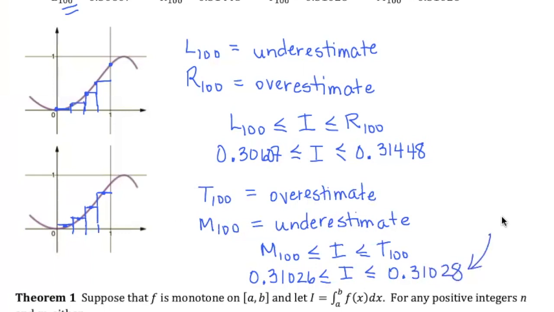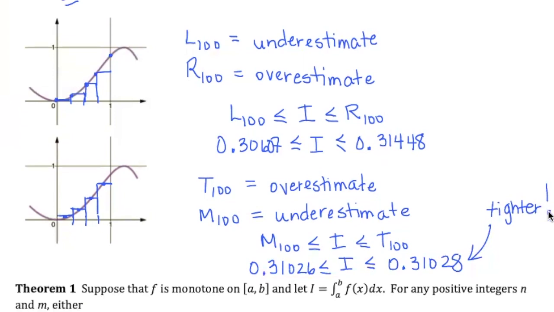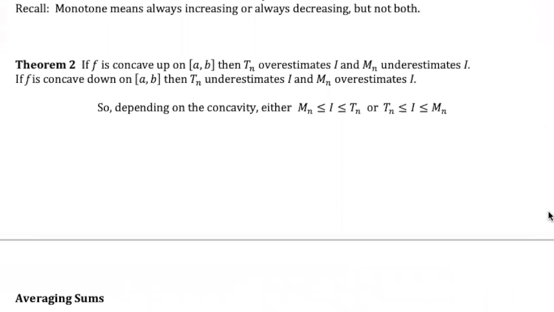And this trap is even tighter than the last one in the sense of the midpoint and the trapezoidal are so close together that the actual integral has very little difference in terms of the values that it can take on. So that's the idea of trapping the value, is getting a sense of what the value must be by trapping it between two approximations.